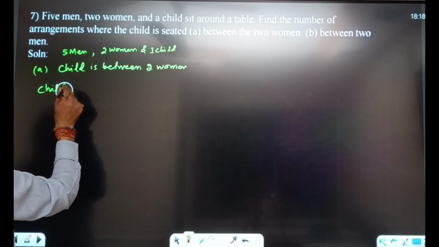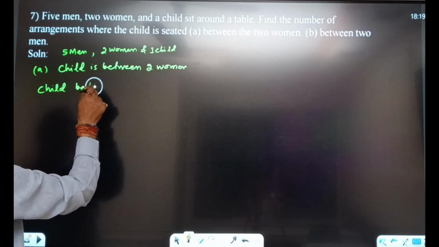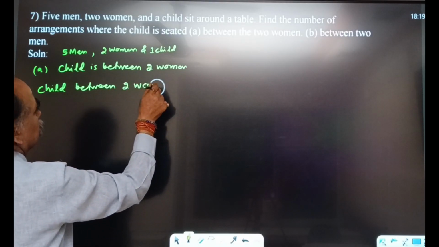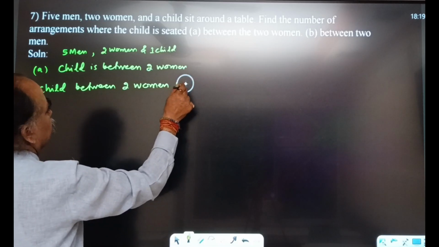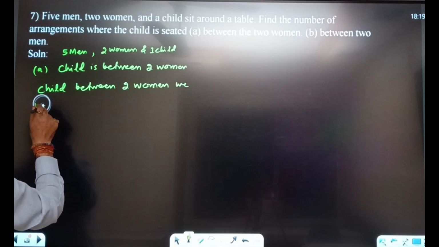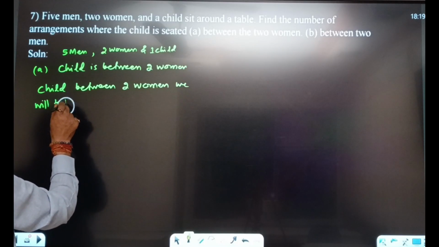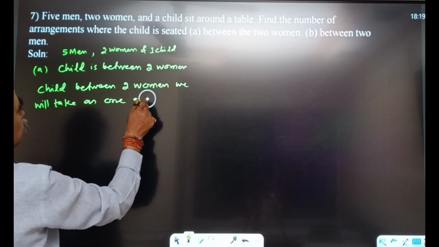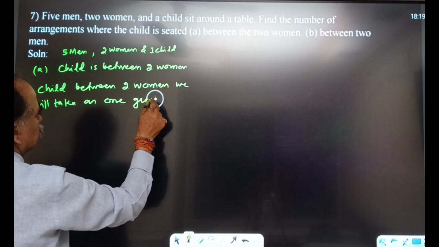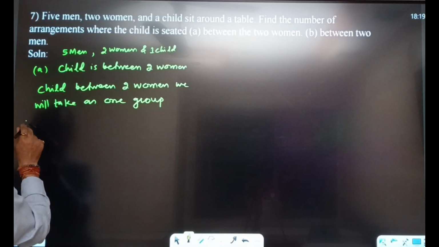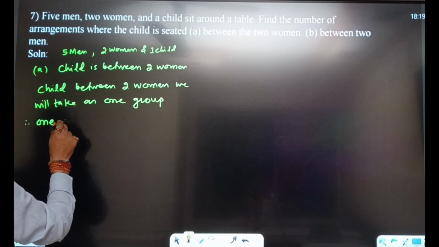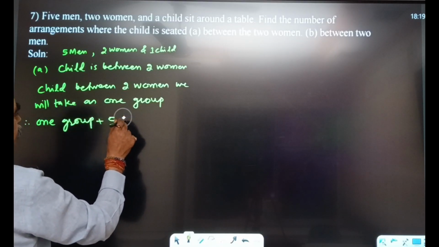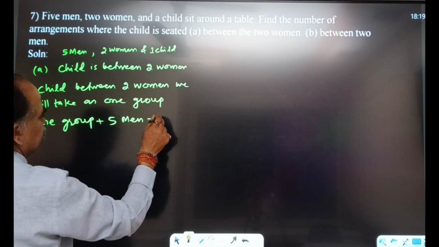Child between two men. We will take as one group. Therefore, one group plus 5 men is equal to 6.